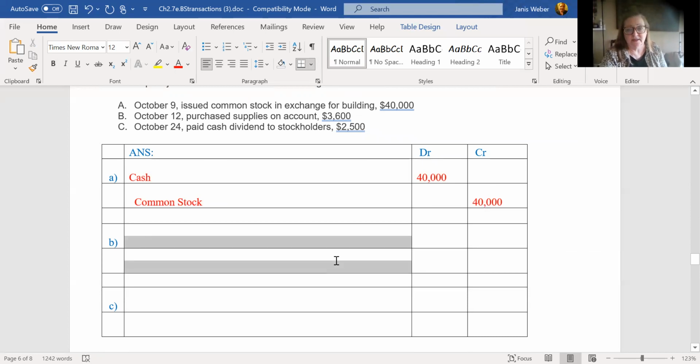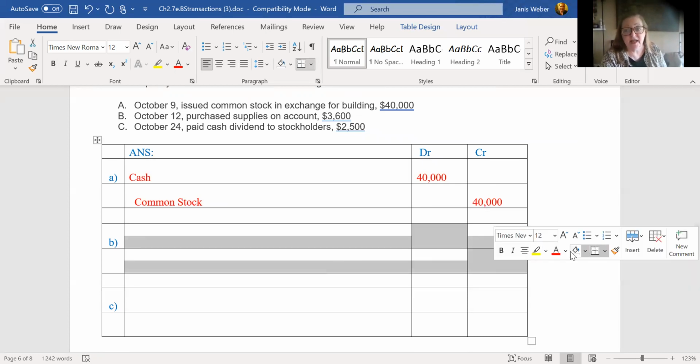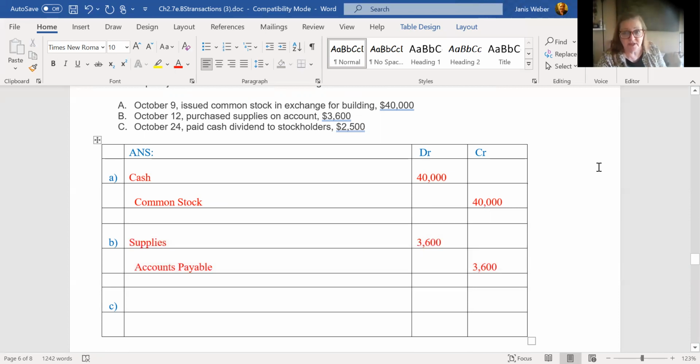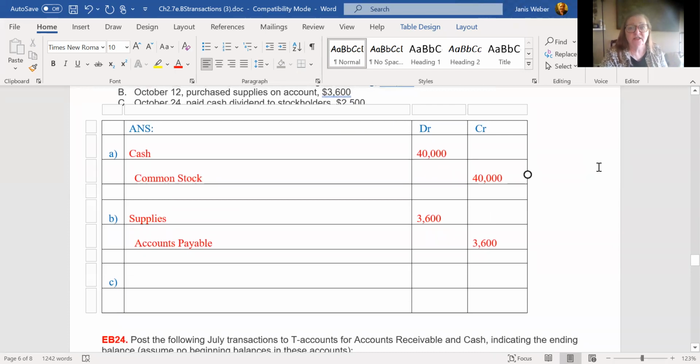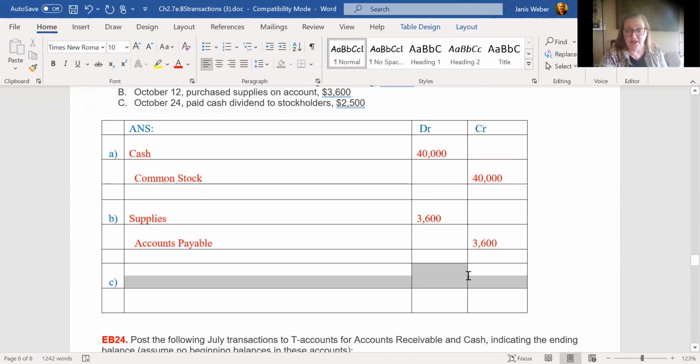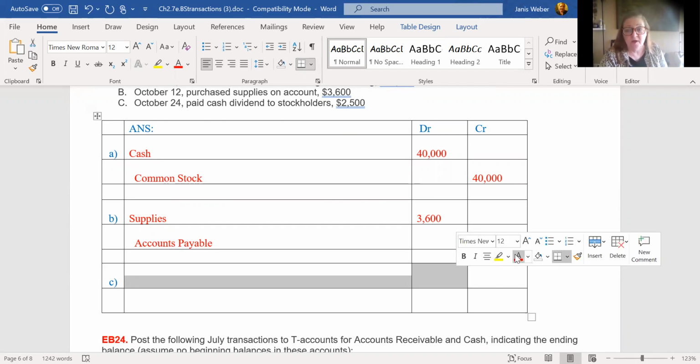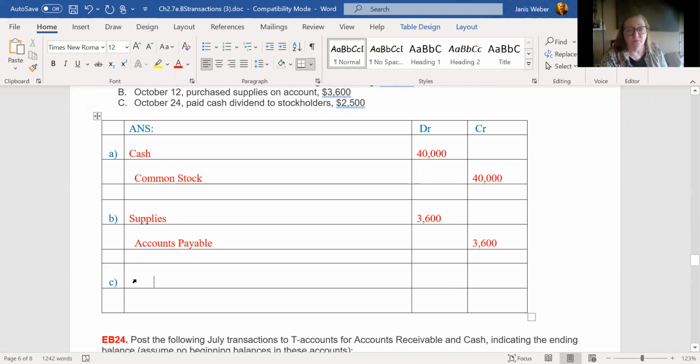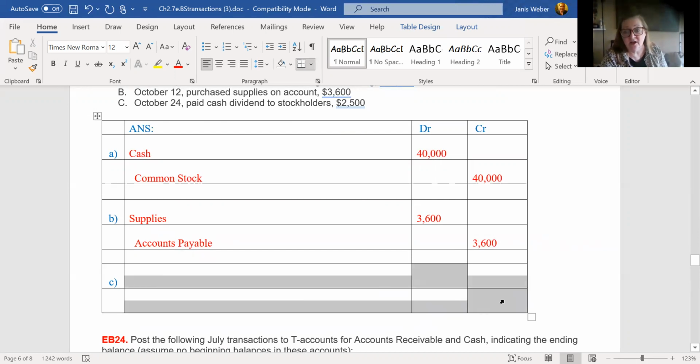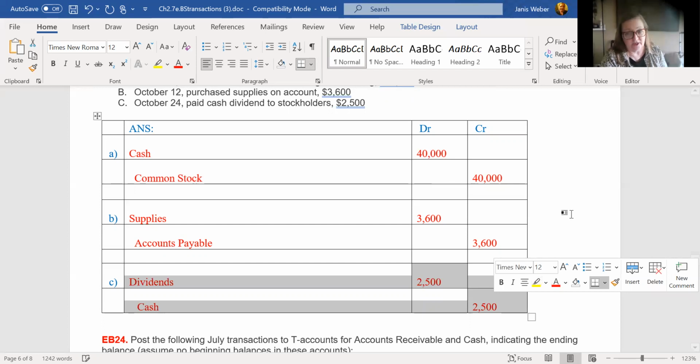So it would be debiting the supplies account because it's increasing an asset, and crediting accounts payable, increasing a liability. The third one is paid cash dividend to shareholders. Dividends are always recorded with a debit because it's decreasing equity, right? And then we paid something, so our cash account decreased, that would be a credit.